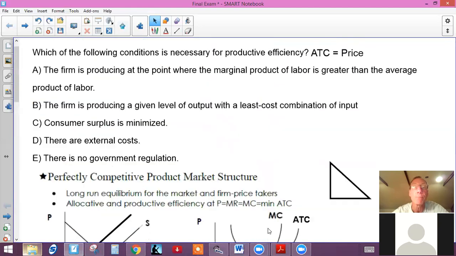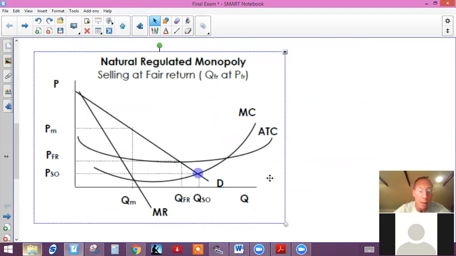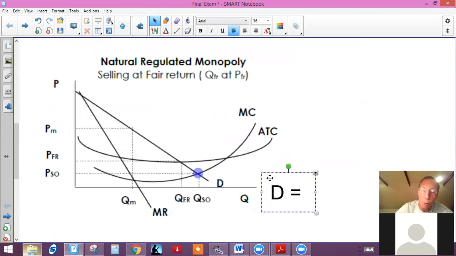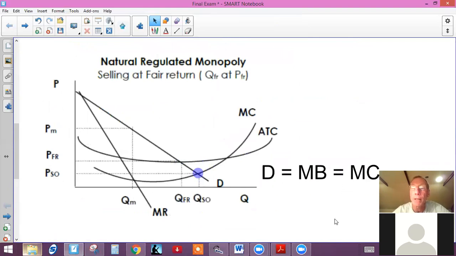So the allocatively efficient point is always going to be here, where marginal cost equals demand, but the demand, remember, equals marginal benefit. So where marginal benefit equals marginal cost, that's where we're allocatively efficient, or we also call that the socially optimum, SO for socially optimum.